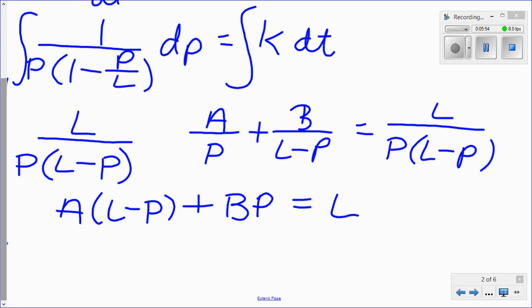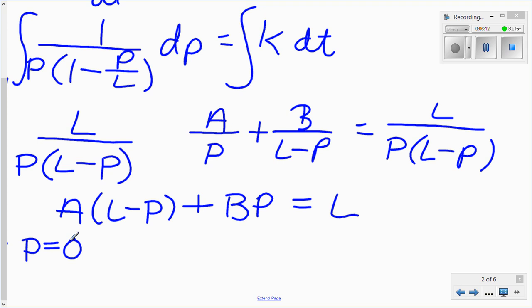Okay, so remember, to solve for A and B, we pick convenient values. And the convenient values are for P. For instance, let's just say we set P equal to 0.